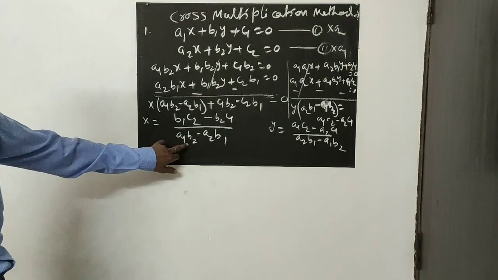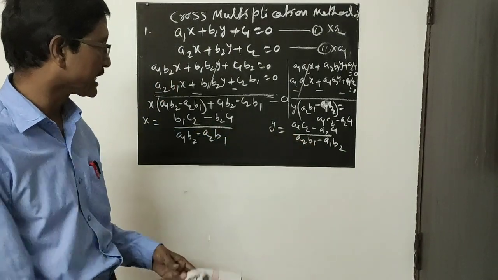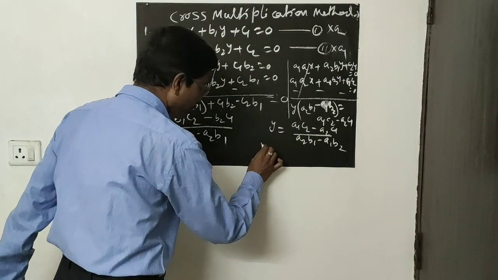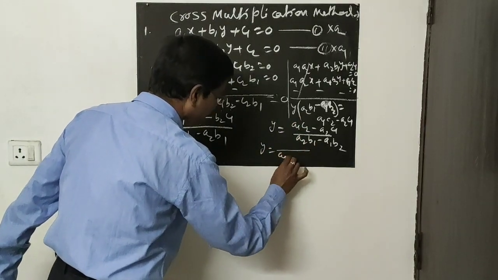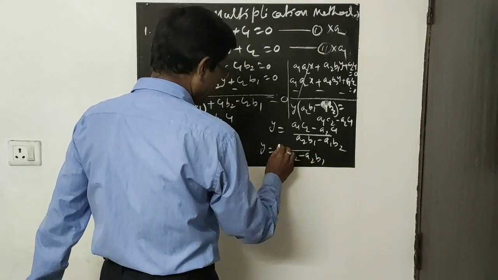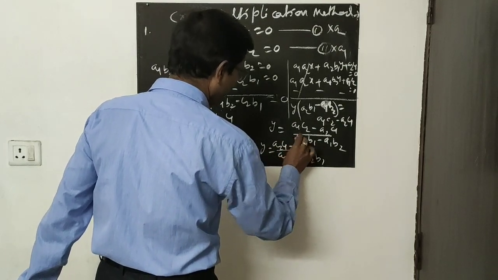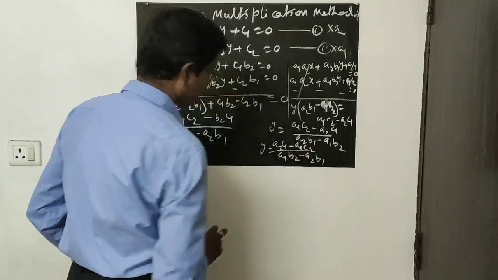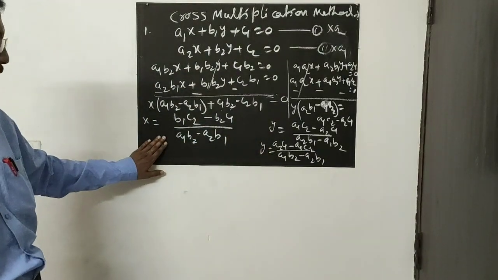But here also a1 b2 and a2 b1 appear with the opposite sign. So taking minus common from numerator and denominator, it changes to a1 b2 minus a2 b1, and the numerator to a2 c1 minus a1 c2. So y equals this, x equals that.